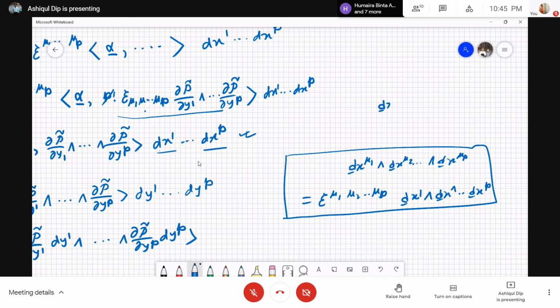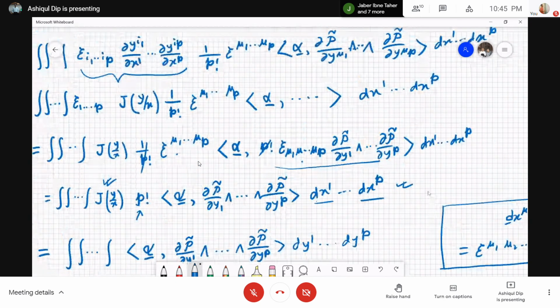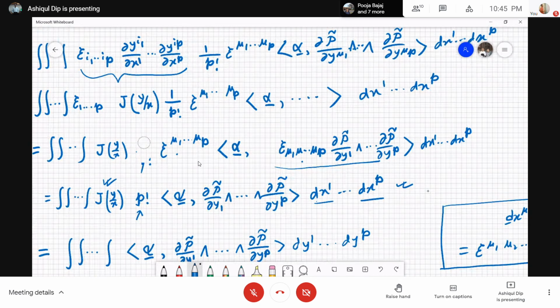Yeah, there is no summation here, so that is just dealing with the sign. There shouldn't be a p factorial over here, right? So that 1 over p factorial should be over there, and if so, then we have again the sum over mu1, mu2. That will give me an extra p factorial, which will cancel out. So I think there shouldn't be any p factorial over there. That's the result only.